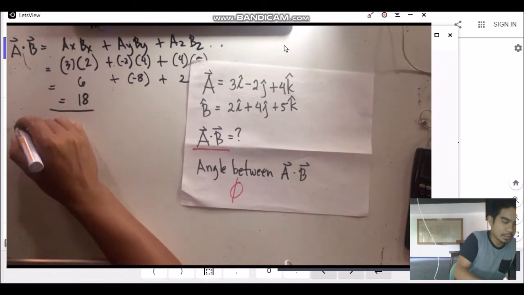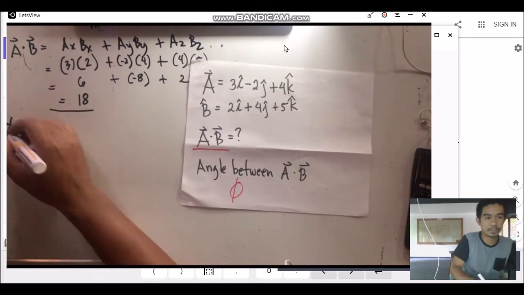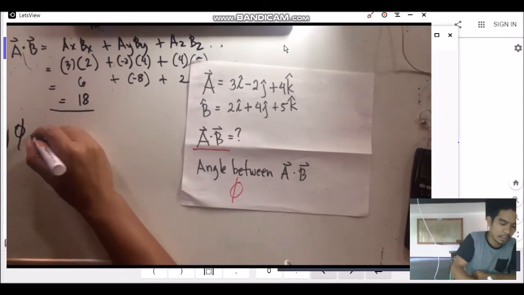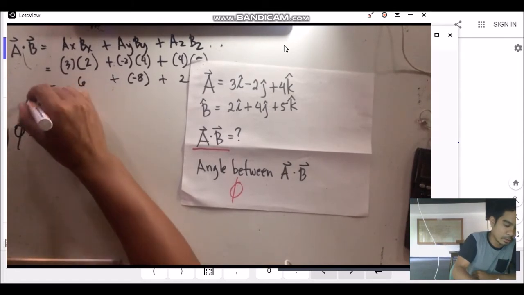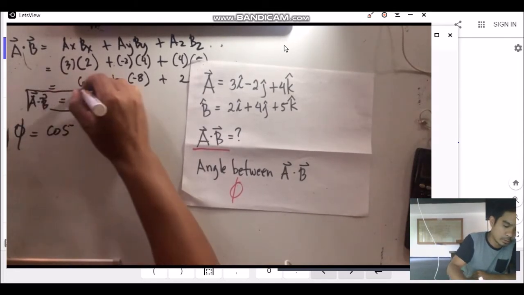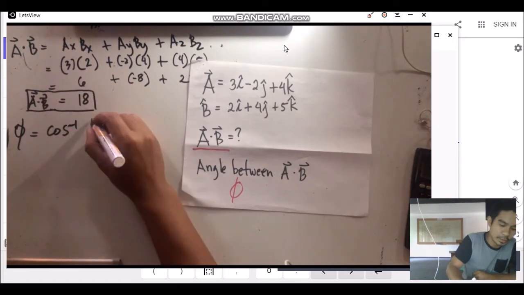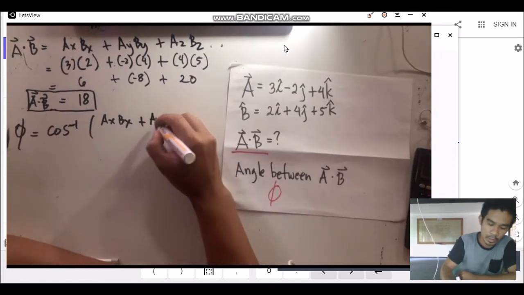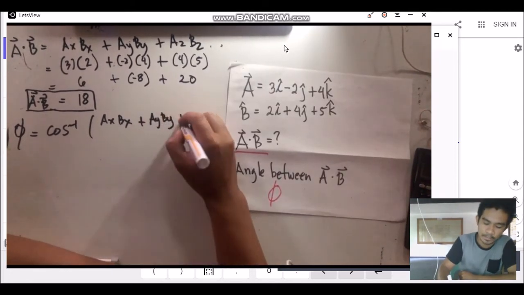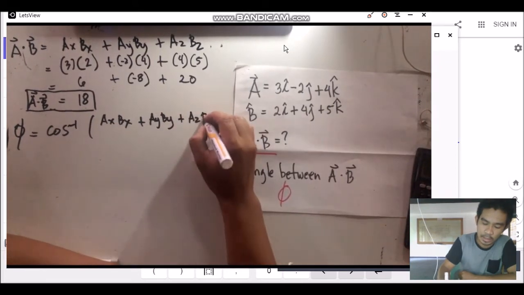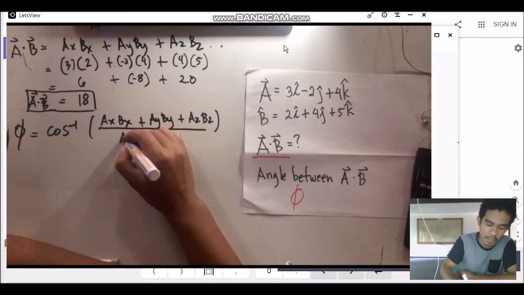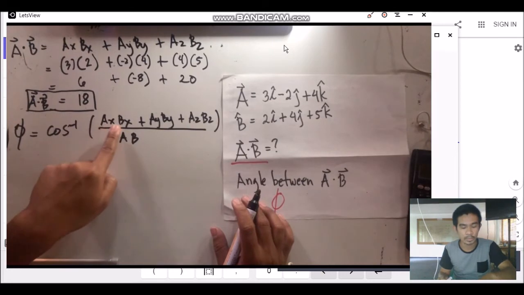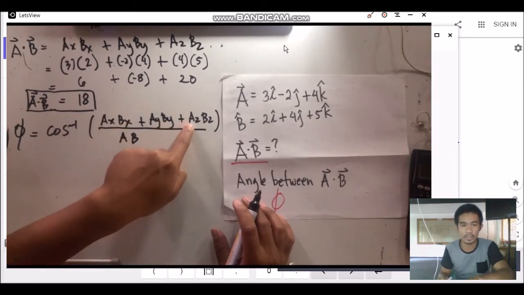We know that phi is the inverse cosine of AX BX plus AY BY plus AZ BZ all over the magnitude of A times the magnitude of B. We know what AX BX plus AY BY plus AZ BZ is.